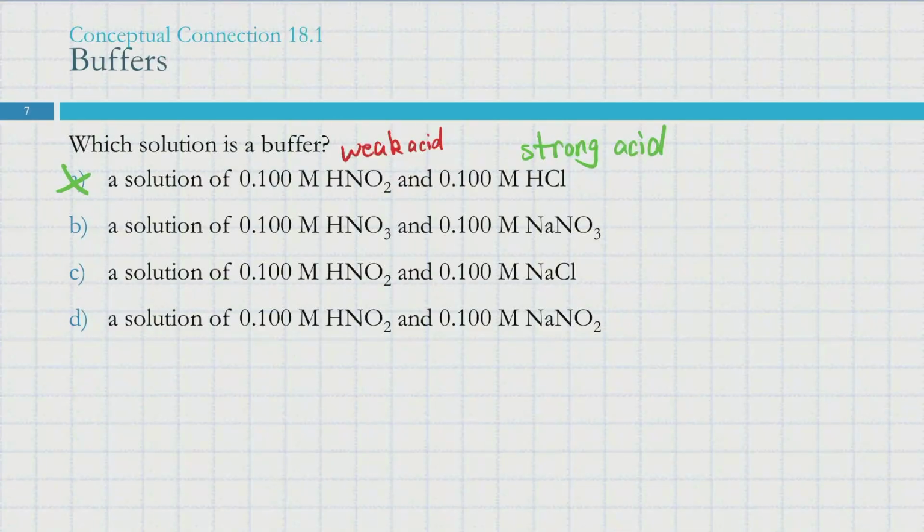In B, we have nitric acid, HNO3. Nitric acid is a strong acid, and so we've already struck out there. We do, however, have its conjugate base, but that doesn't matter because it's a strong acid.